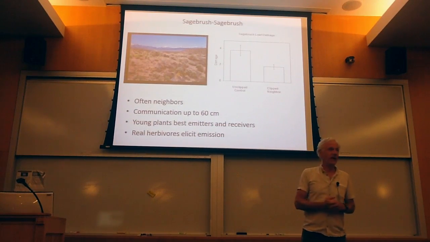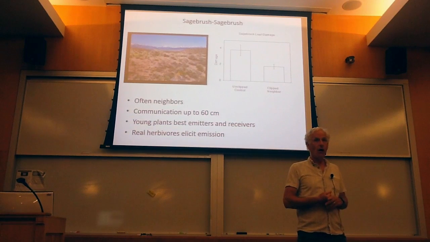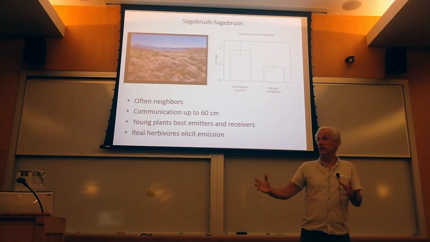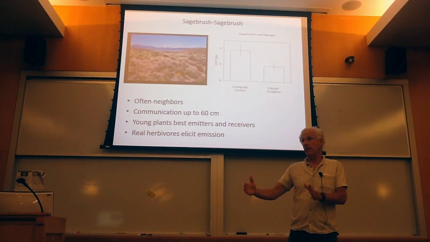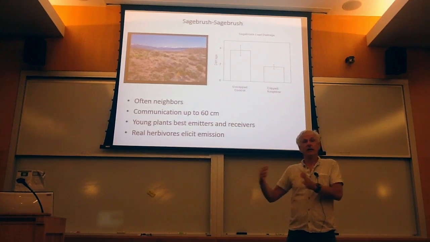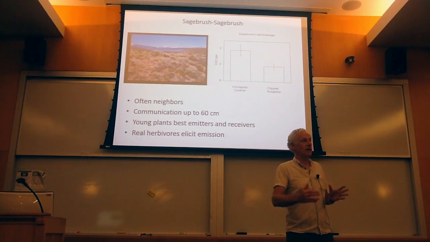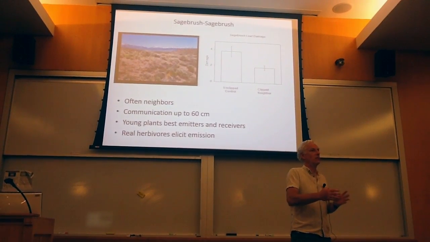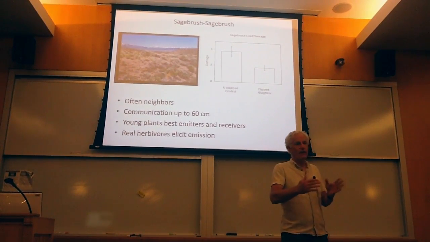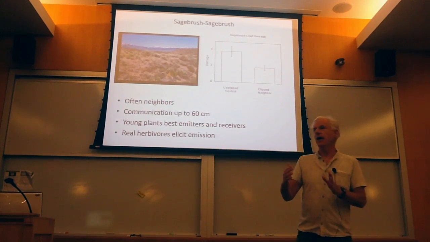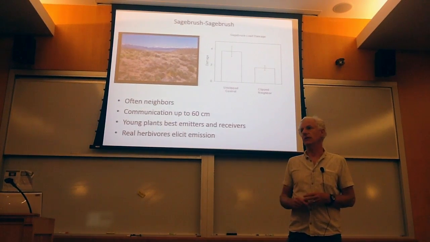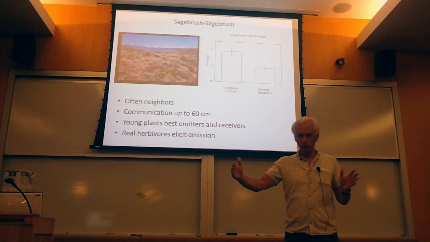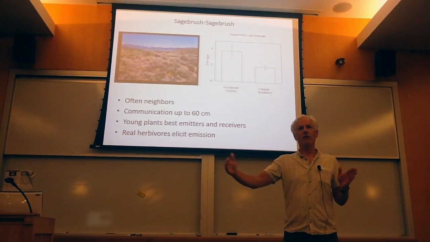I should point out that sagebrush often has another sagebrush plant as its nearest neighbor. So this is something that can occur in the field. We can find evidence for communication when the plants are separated by up to about 60 centimeters, so about this far apart.